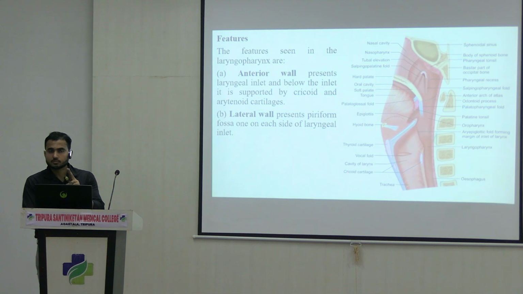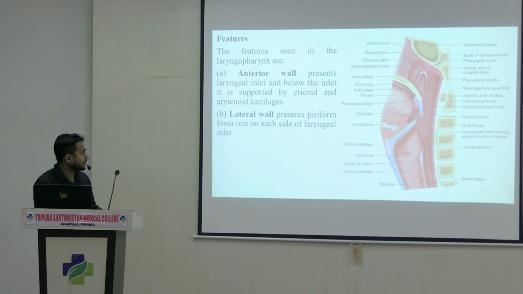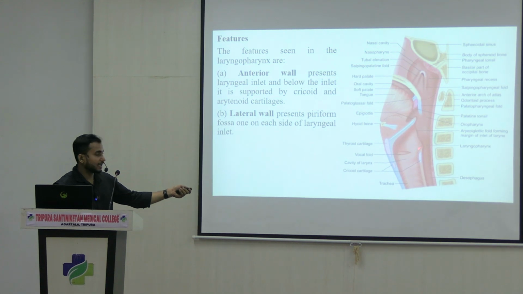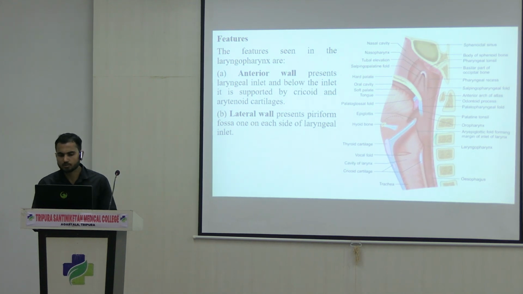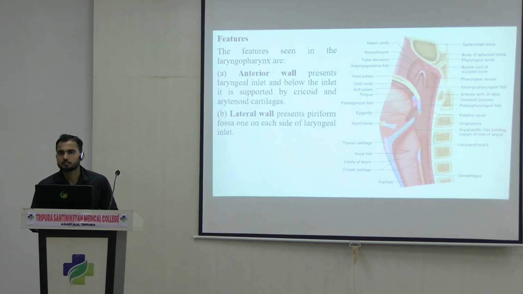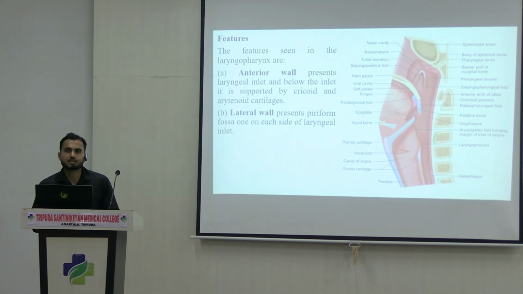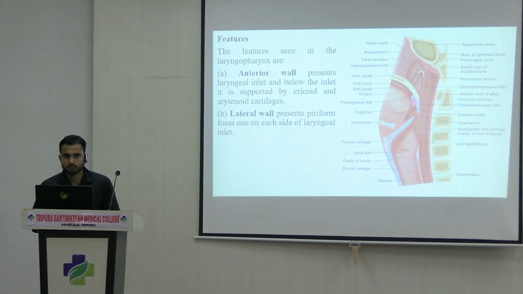So 2 features are there. On the anterior wall we get the laryngeal inlet, and on the lateral wall we get the pyriform fossa. So see, this is the laryngeal inlet, and on either side of the laryngeal inlet the pyriform fossa is present. Do you remember the pyriform fossa? We discussed this pyriform fossa in brief during the soft palate, if you remember.